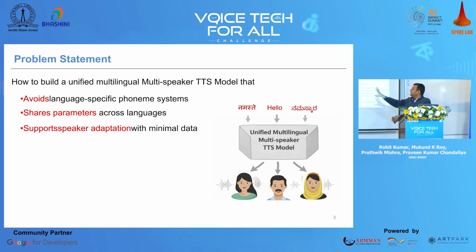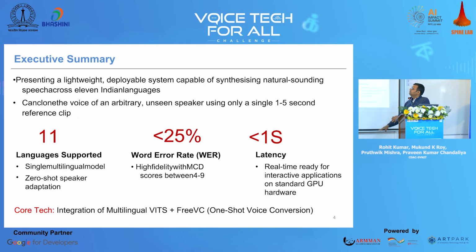The executive summary of our complete work is presented in this slide. We are creating a multilingual TTS system which supports 11 languages, and other Indian languages can easily be incorporated into it. The word error rate is less than 25%.